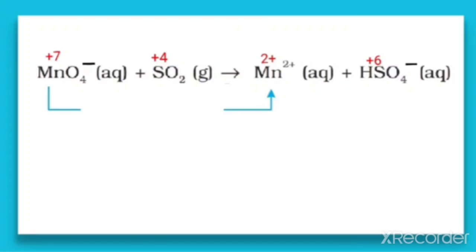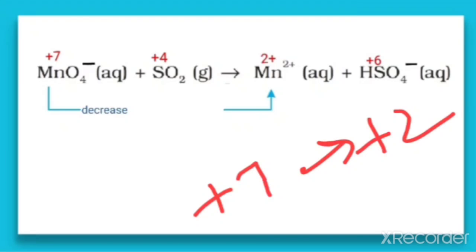The oxidation number of Mn changes from +7 to +2. That means it is a decrease in the oxidation number. If the value is decreasing, that is called reduction.